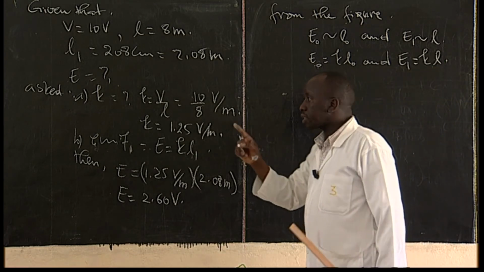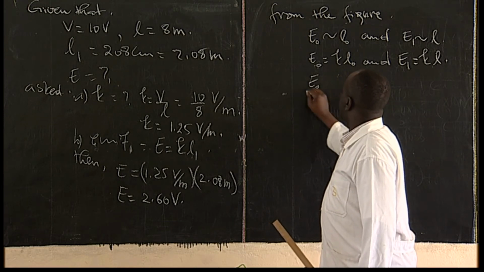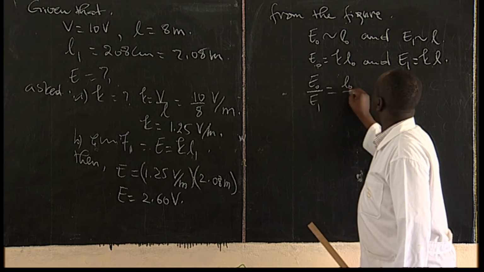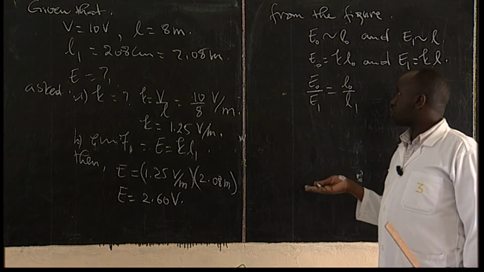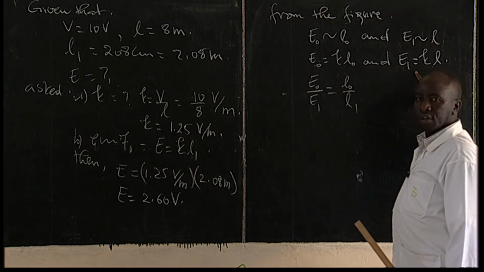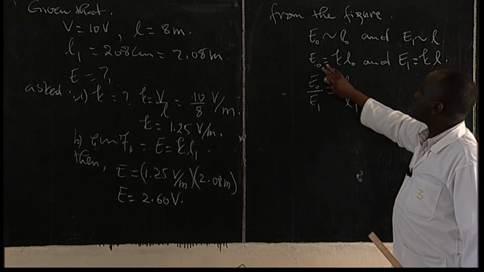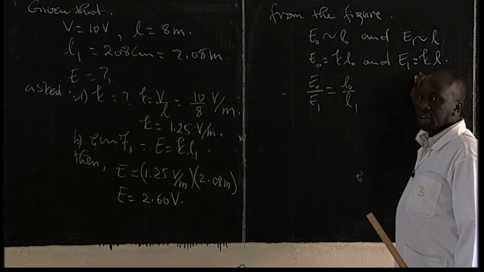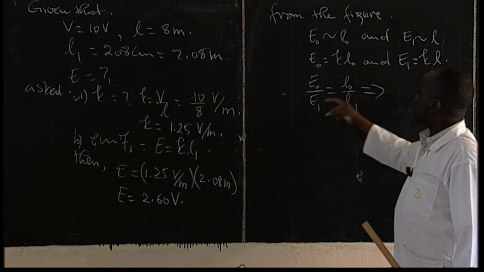The next point is to ask ourselves, what can now be the answer if we take E0 over E1 equals L0 over L1? Do you see this? Very simple to find. It's because we have this E0 and this E1, we can divide each side by the corresponding side of the other equation, and then we find this ratio.